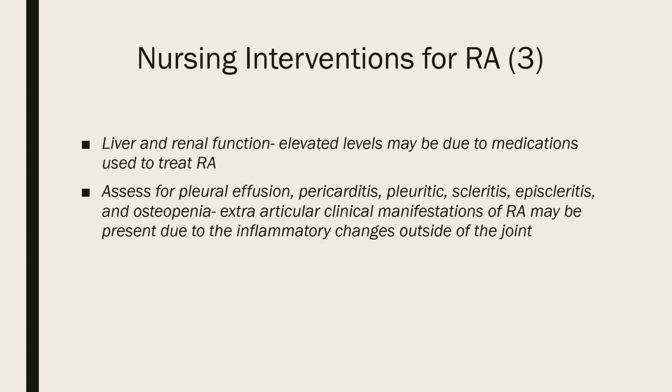So liver and renal function, elevated levels may be due to medications used to treat RA. And we can assess for a pleural effusion, pericarditis, scleritis, episcleritis, and osteopenia. Extra-articular clinical manifestations of RA may be present due to the inflammatory changes outside of the joint.